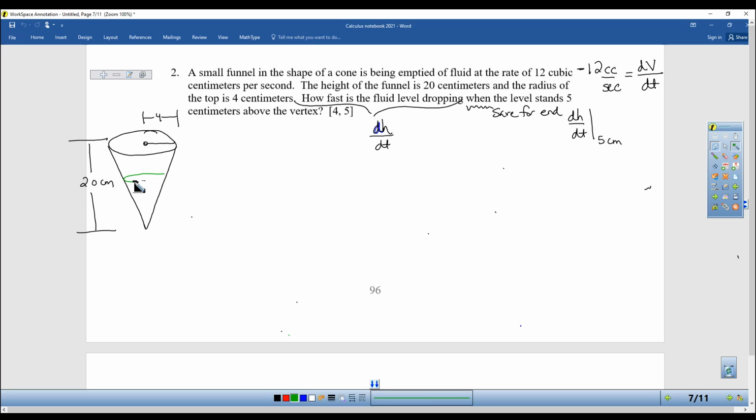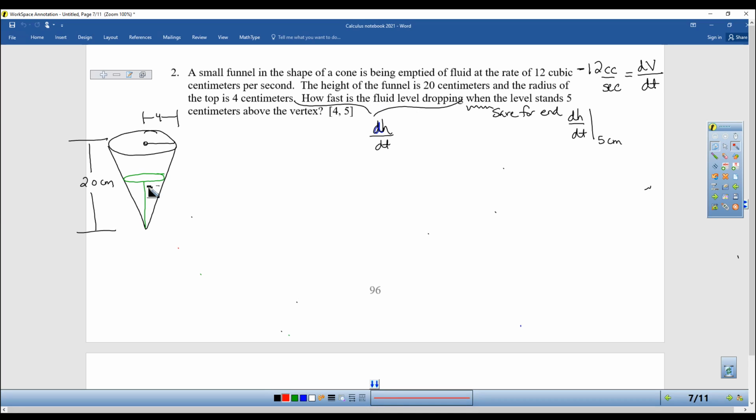Before, we were dealing with a cylinder inside of a cone, so it was a little bit harder. Here, we're going to be talking about a cone and then another cone, so we're going to be talking about them as similar things.